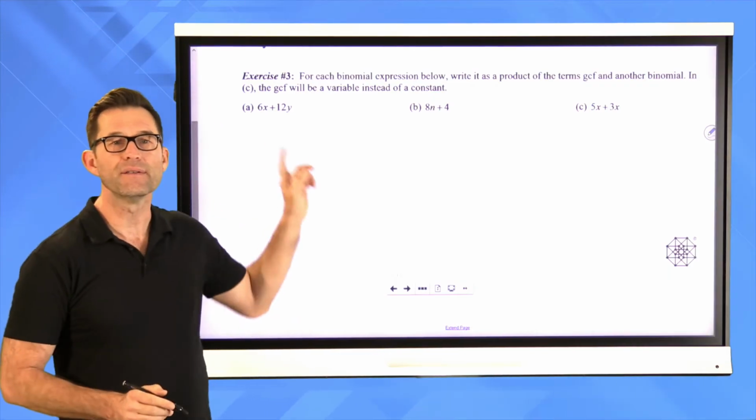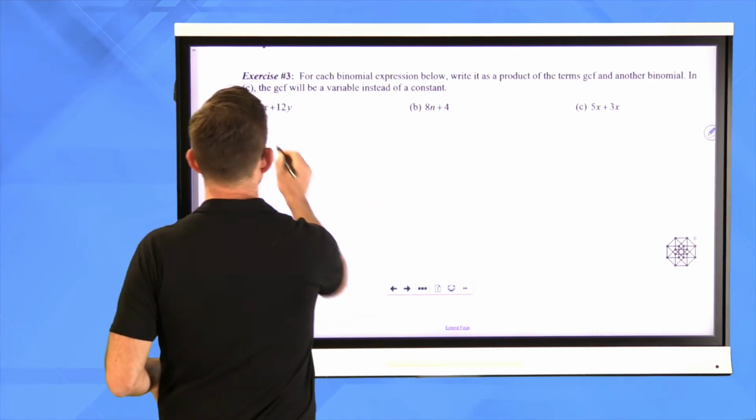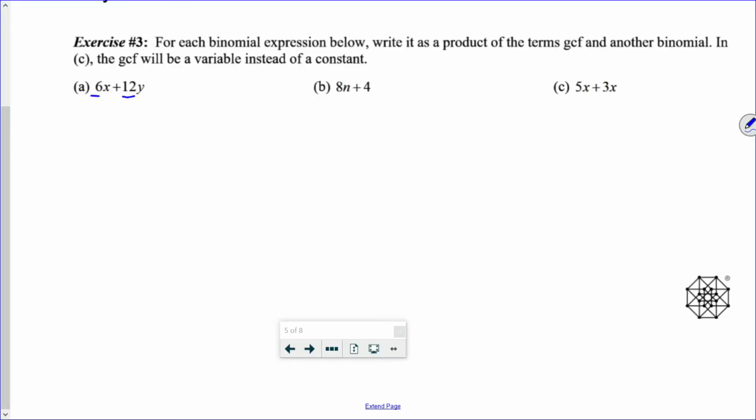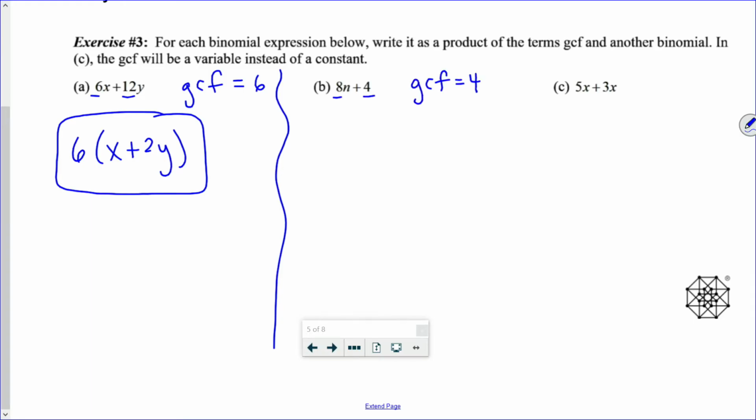So if I looked at 6x plus 12y, right? The GCF of 6 and 12 is going to be 6, so I could rewrite this as 6 times x plus 2y, right? Likewise, if I look at letter B and I look at 8 and 4, right? The GCF of those two terms is 4.